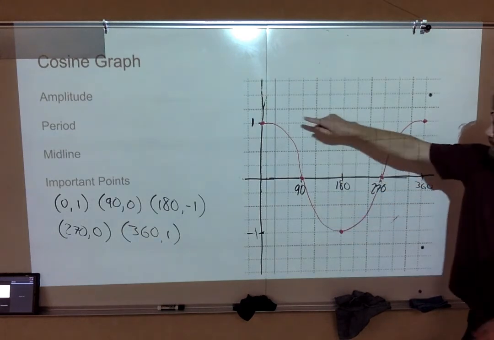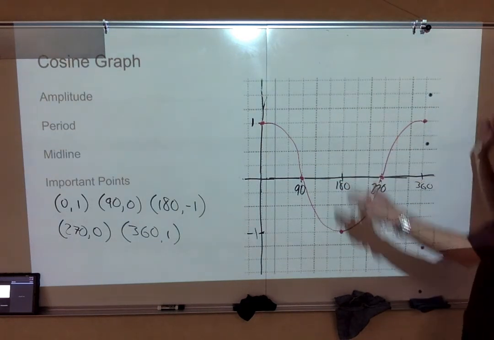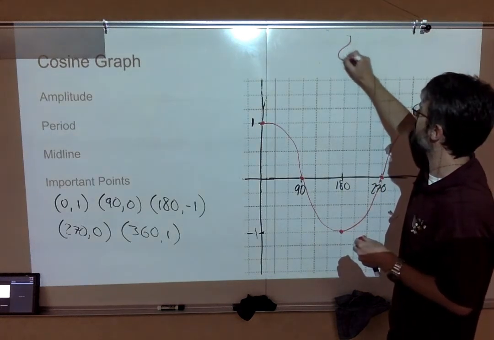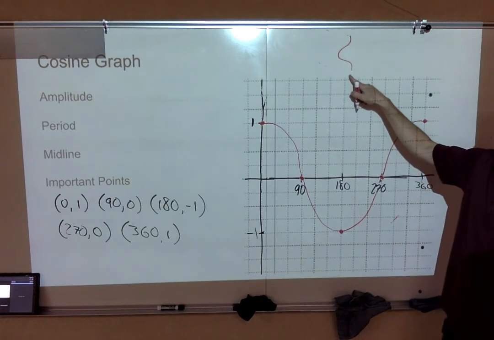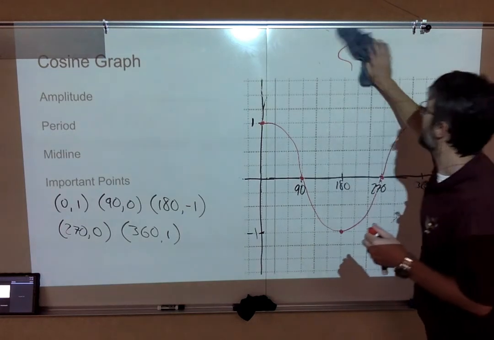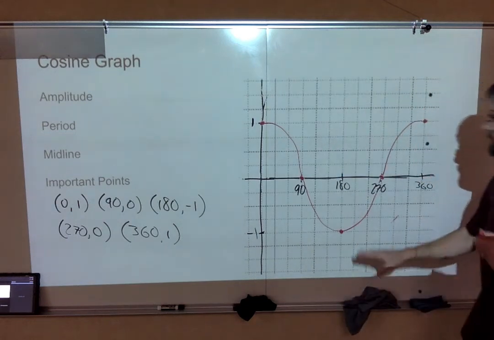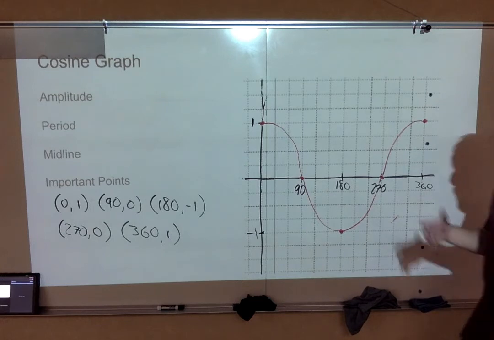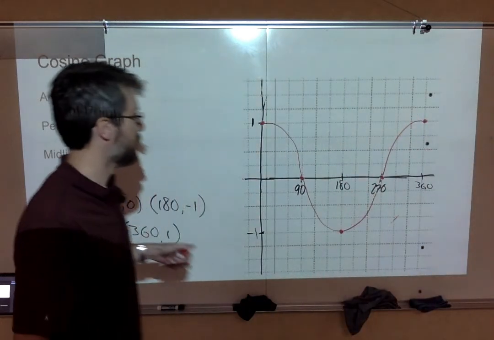So you can imagine that being a really weird C that's been tipped on its side. Like if you, for whatever reason, drew your C's like that and then tipped it on its side, that would be a cosine graph. All right, so those are the important points. That's a good example of a curved line through our points to make a good cosine graph.